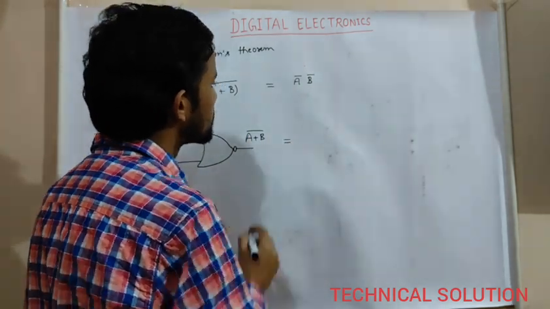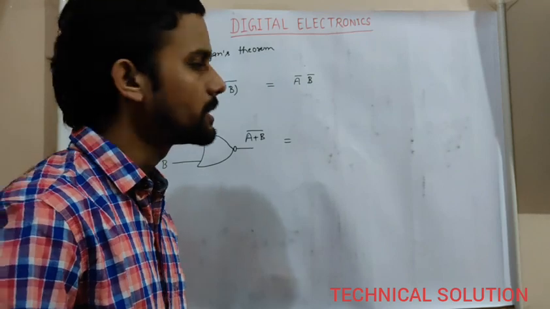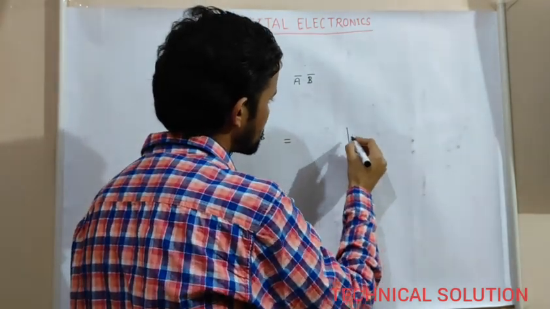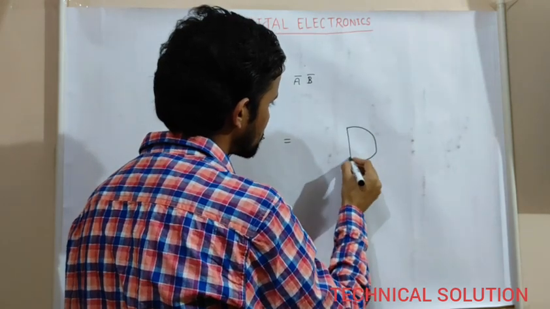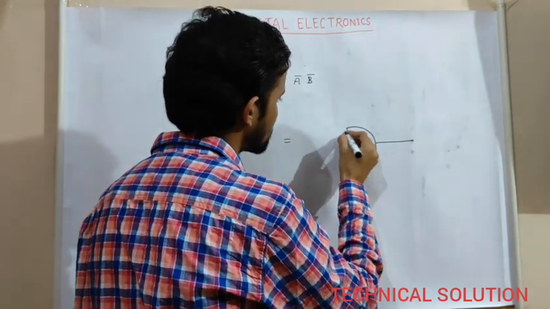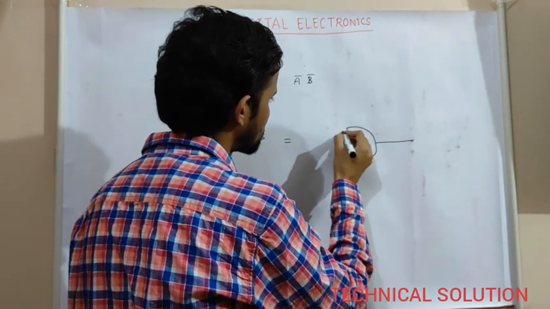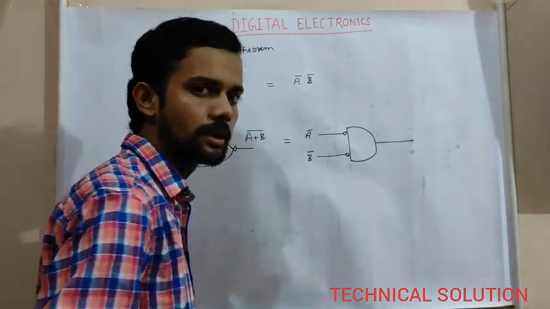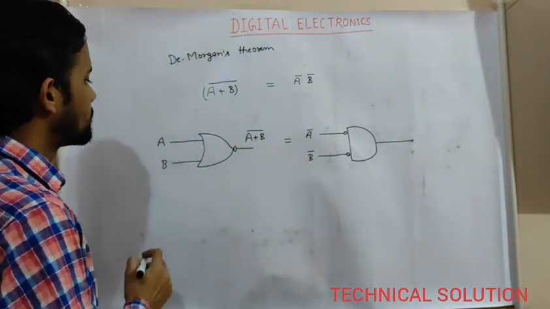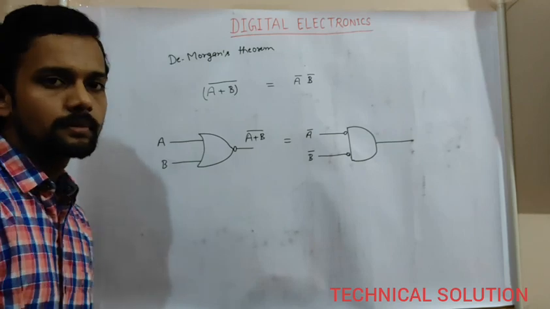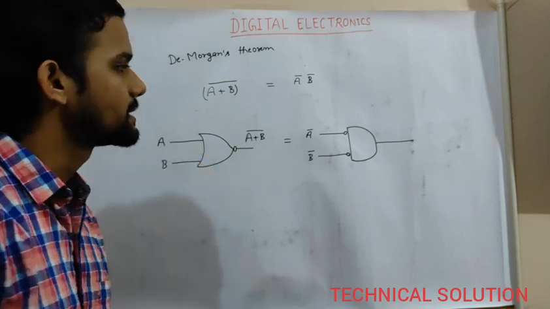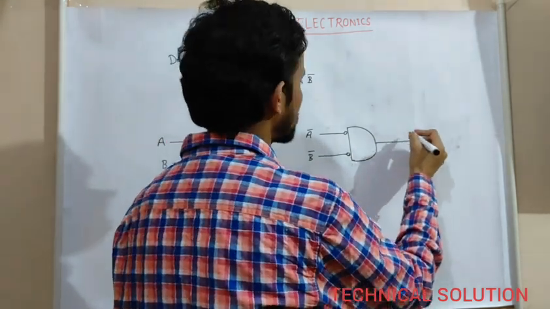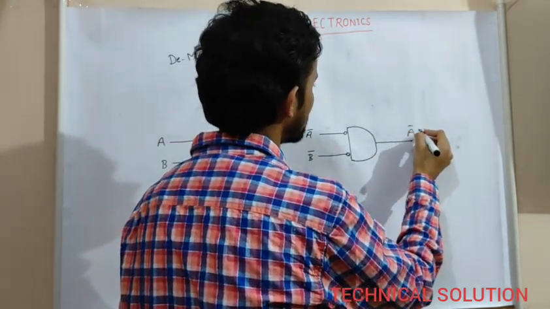Whereas this A complement B complement is given by the bubbled AND gate, that is this. This OR gate basically does addition, whereas this AND gate does multiplication of the inputs. And this is A complement B complement.